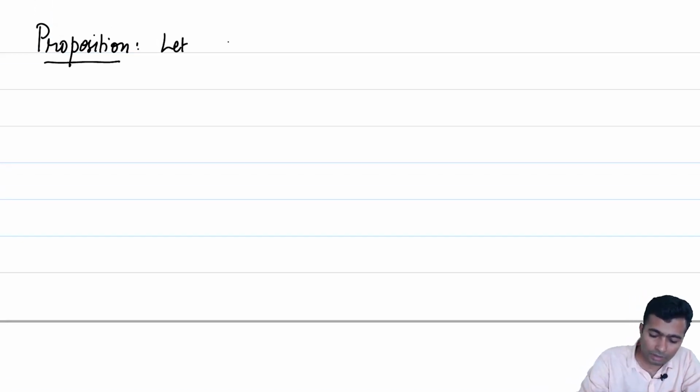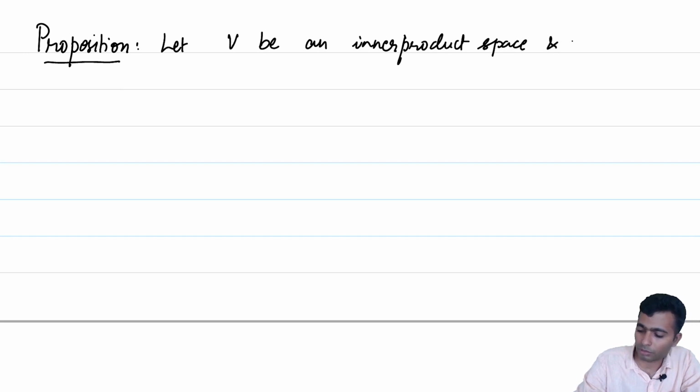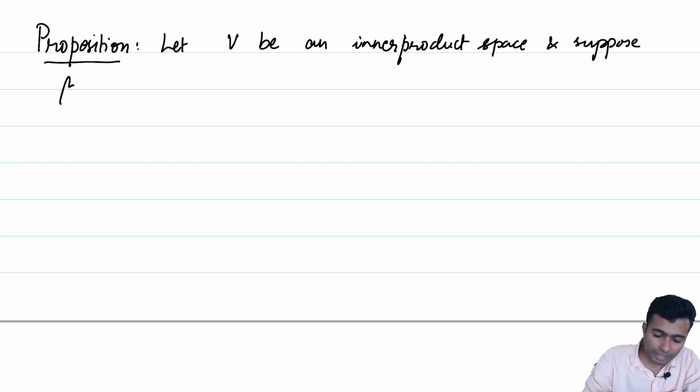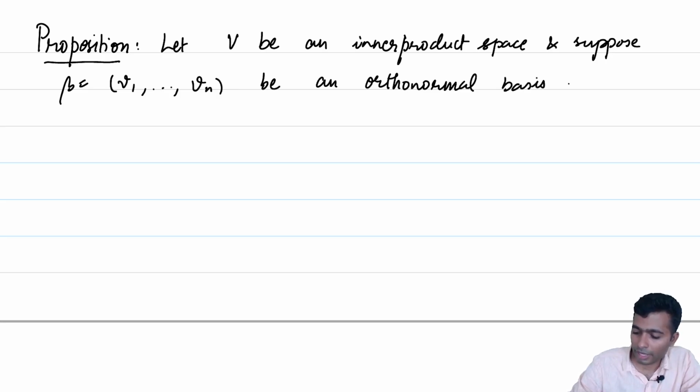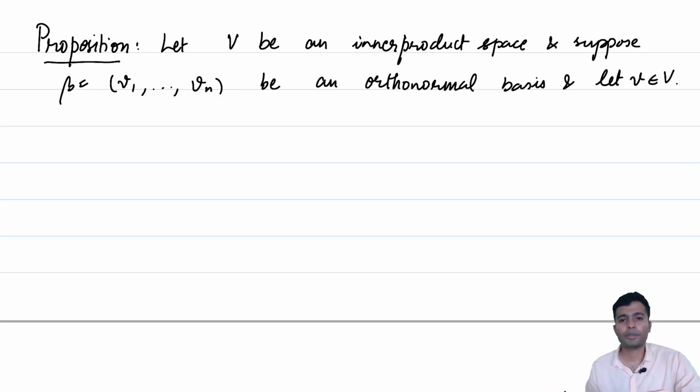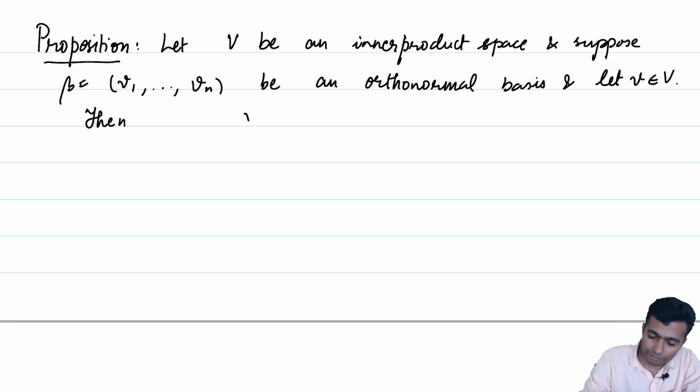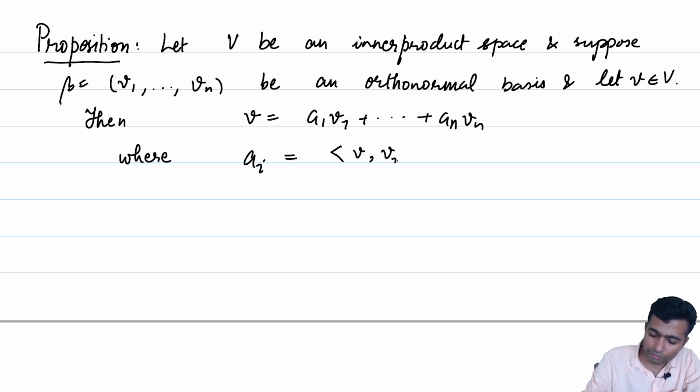Let V be an inner product space and suppose beta equal to V1 to Vn is an orthonormal basis, and let V be a vector in capital V. Then V is equal to A1 V1 plus up to An Vn, where Ai is just the inner product of V with Vi.